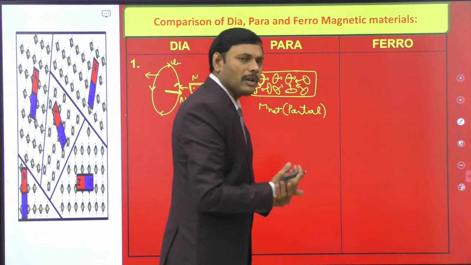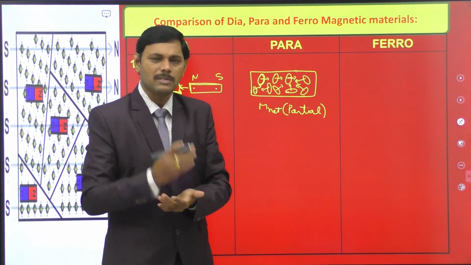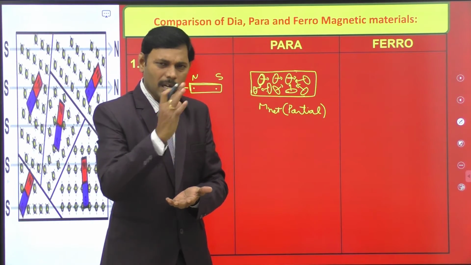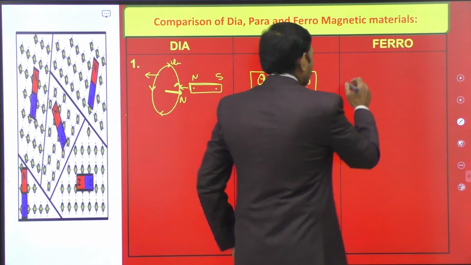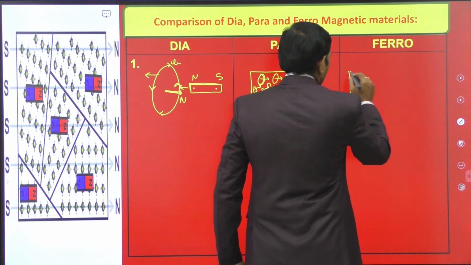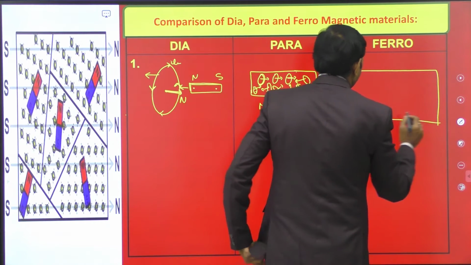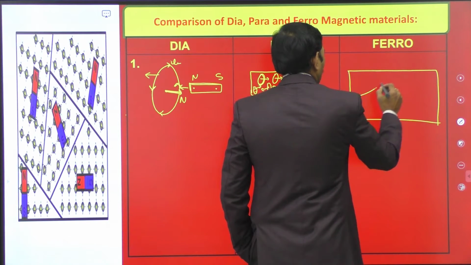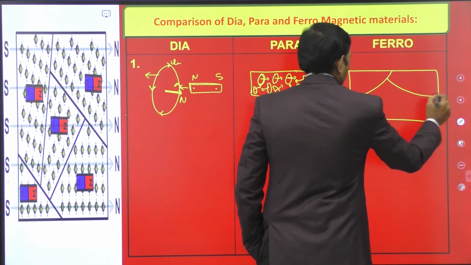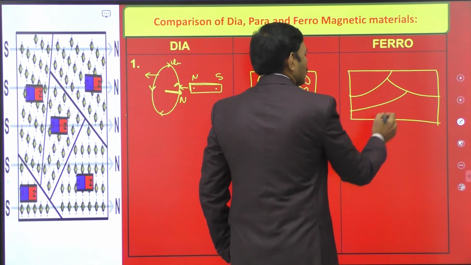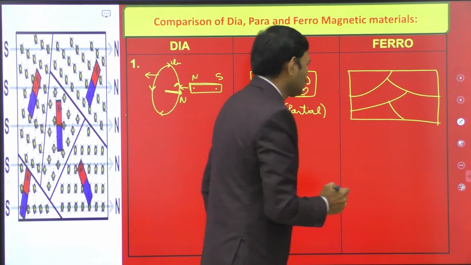Next we come to ferromagnetic substances such as iron, cobalt and nickel. When you consider substances like iron, cobalt, nickel, they have a domain structure. Here these are domains.